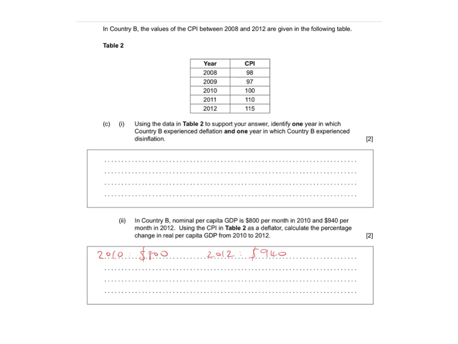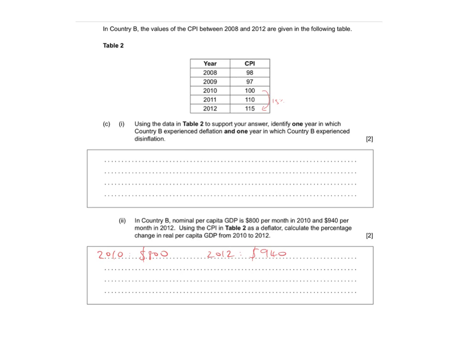So if we look at the table, we can see that prices have increased from a base of 100 to an index value of 115. So we know that prices have gone up over that time by 15%.